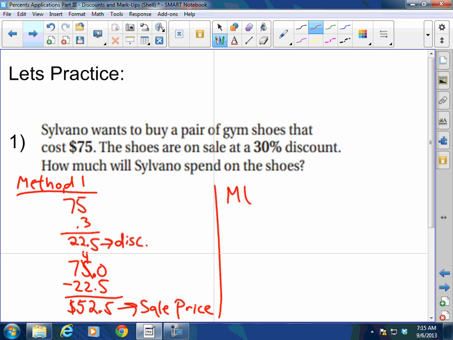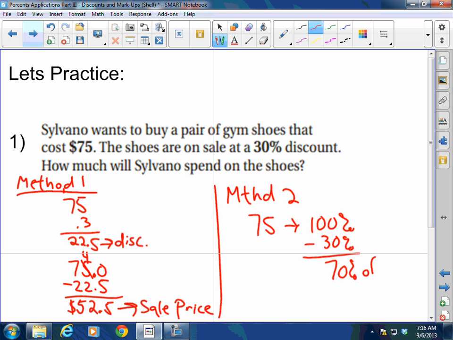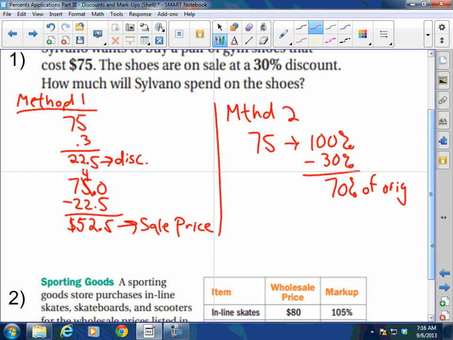Or, if I do method 2, I've got $75. That's 100% of the original price. Minus a 30% discount, I'm going to pay 70% of the original price. So 75 times 0.7, all right, so that's $52.50.